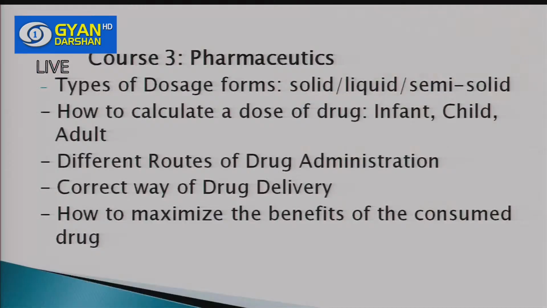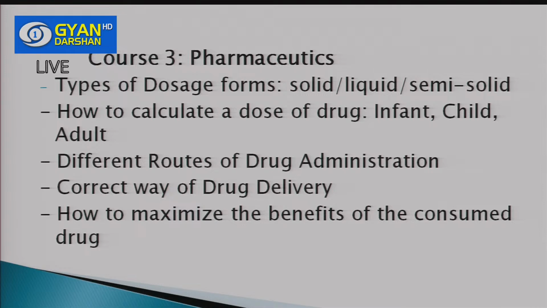So according to the body weight, how we can calculate the dose of any drug? This particular calculation and this particular exercise is explained in the third course, which is on pharmaceutics.